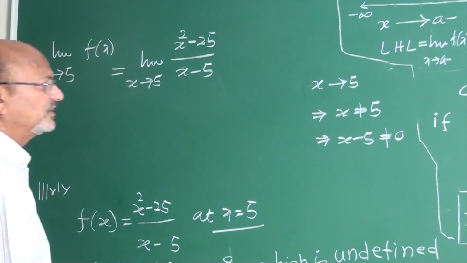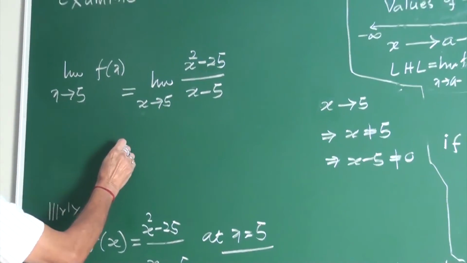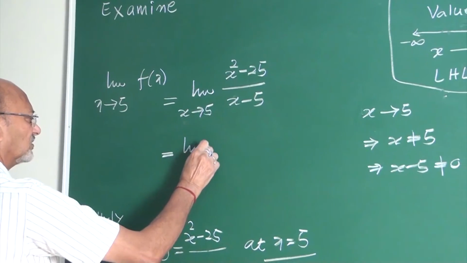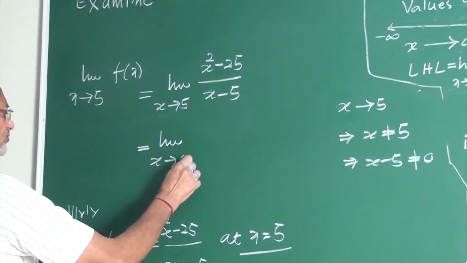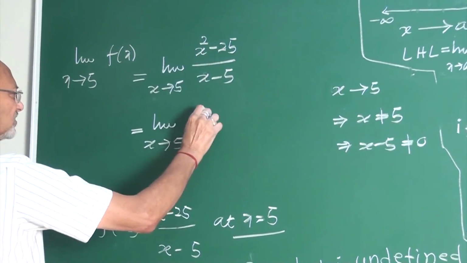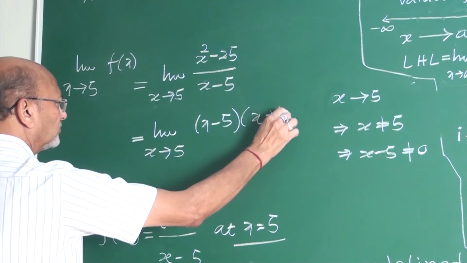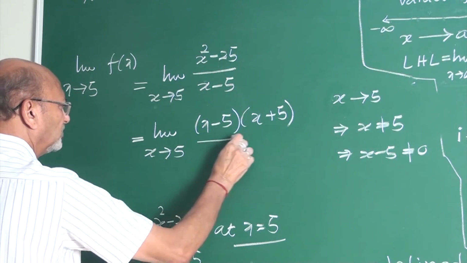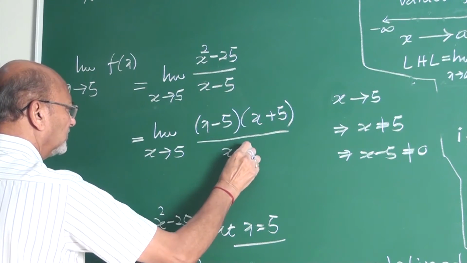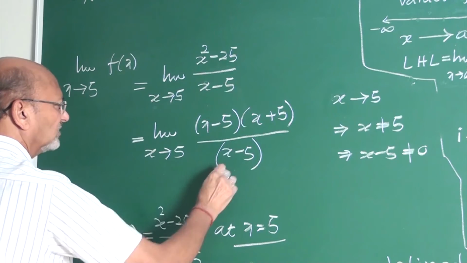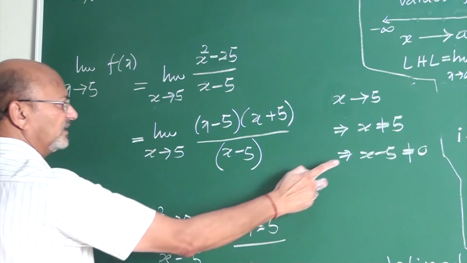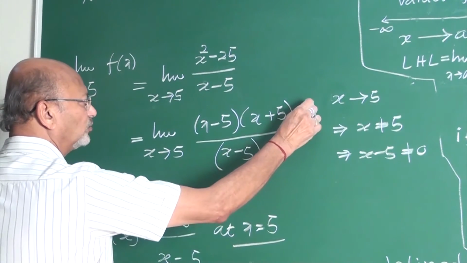When x minus 5 is not equal to 0, you can write the factors and cancel. Limit as x tends to 5, write the factors of this: x minus 5 into x plus 5. The denominator is x minus 5. Can you cancel it? Yes, x minus 5 is not equal to 0.